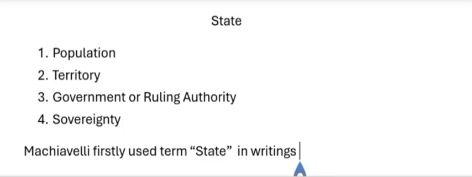And the fourth most important thing is sovereignty, the supreme authority, the authority to rule, the ultimate authority. It has many types, either external or internal, but there must be sovereign rights, meaning a sovereign government will be able to rule.